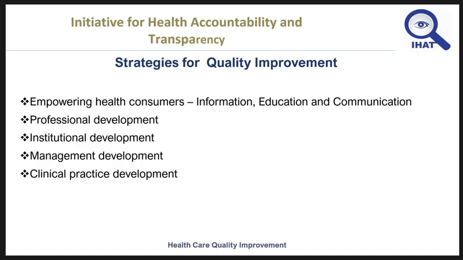Another strategy is institutional development. Here we're talking about organizational or institutional culture, which are also central to quality improvement methods. Here, there may be the need to pay attention to clinical audits, business process reengineering, and overall cultural reorientation of an organization or a healthcare facility.